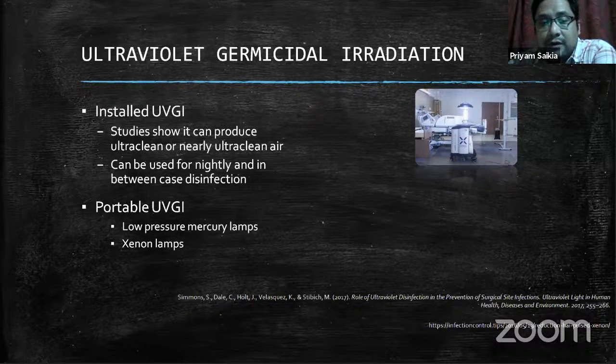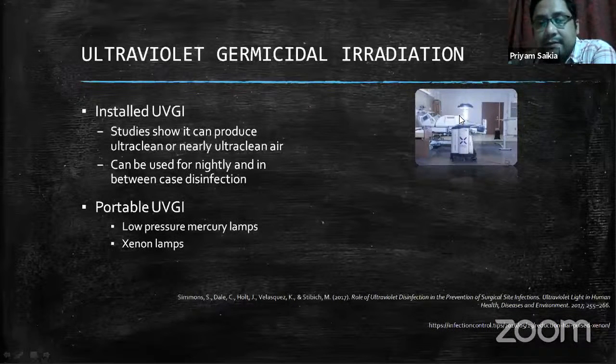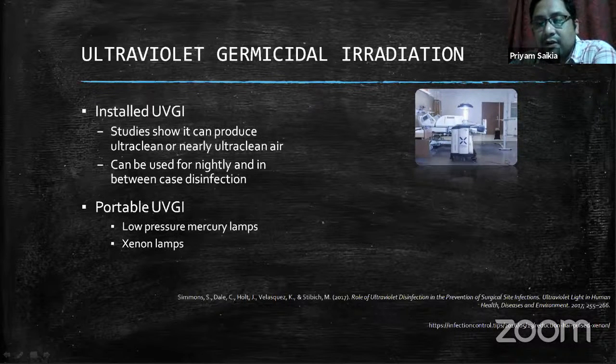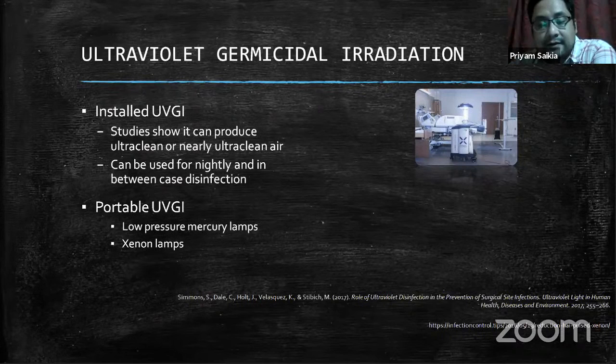There are also portable UVGI devices, shown in this image, which can be brought inside the operation room. There are two types: the low pressure mercury lamp that emits a continuous ultraviolet ray, and xenon lamps that emit pulses of ultraviolet rays.